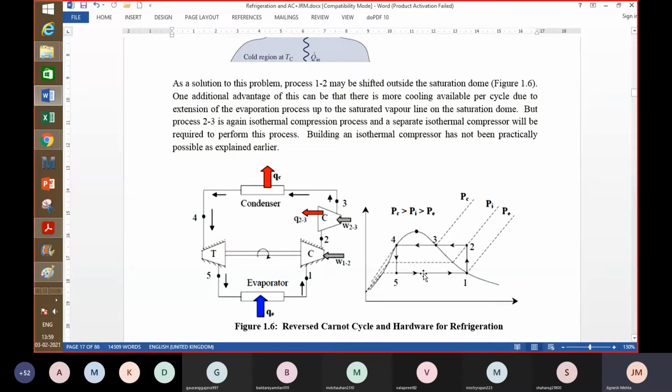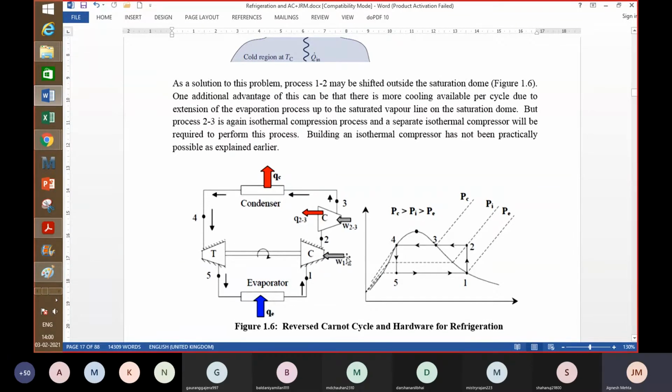Now you are compressing the saturated vapor. Here you can relate it with these components. So it's an adiabatic process first, 1-2 adiabatic compression, right? Isentropic compression, a reversible adiabatic compression process. And on this TS diagram, the constant pressure lines are also shown.